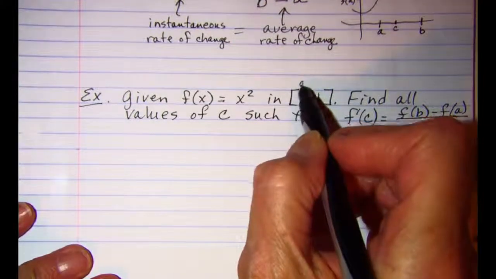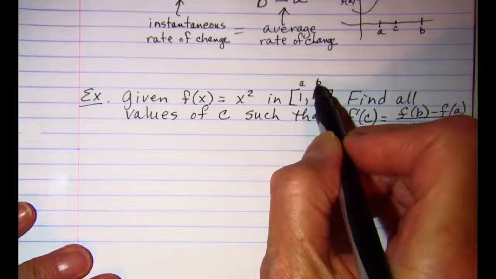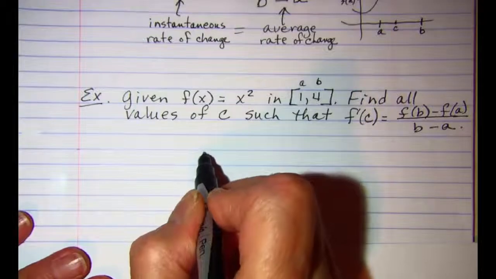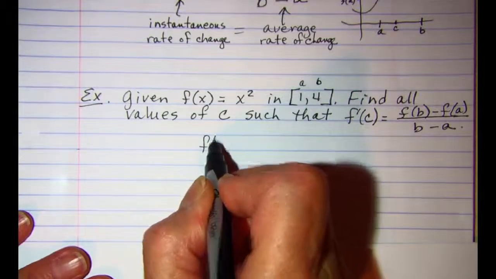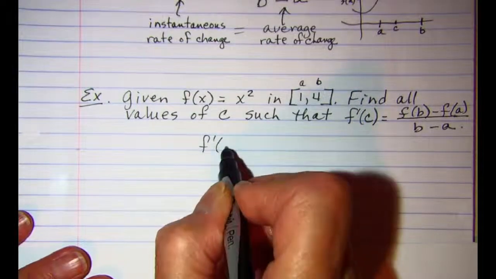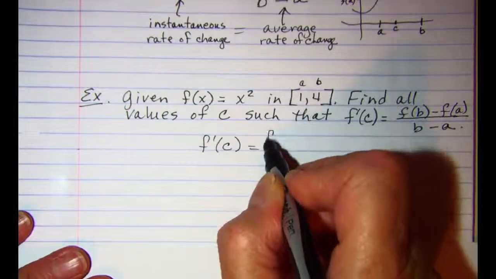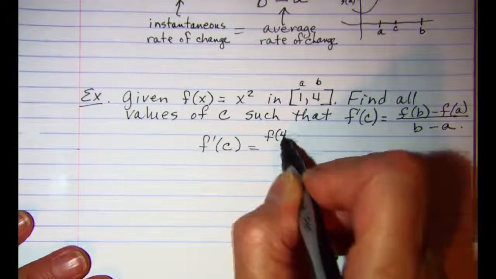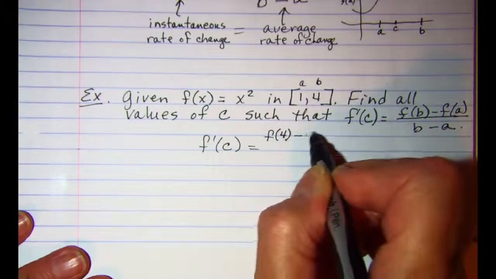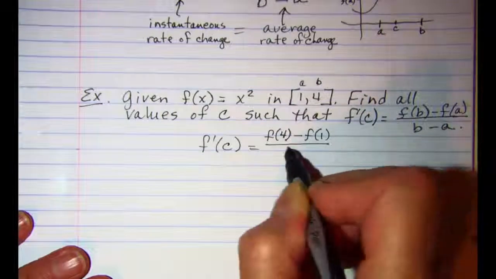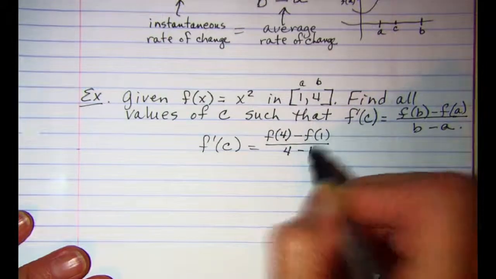So this is our a and this is our b. So let's write what we have here. F prime of c needs to be equal to f of 4 minus f of 1 over 4 minus 1.